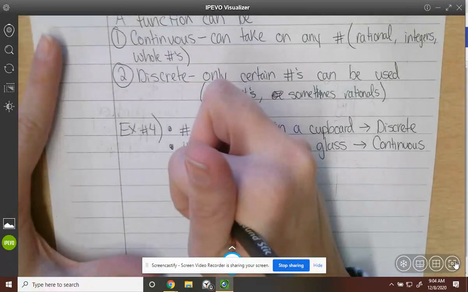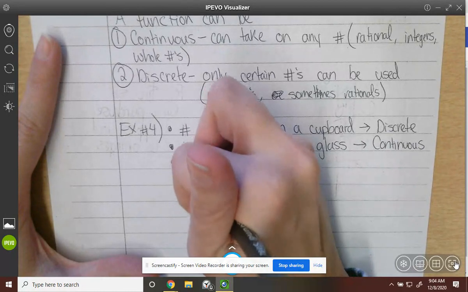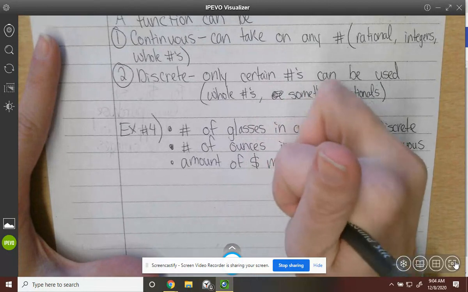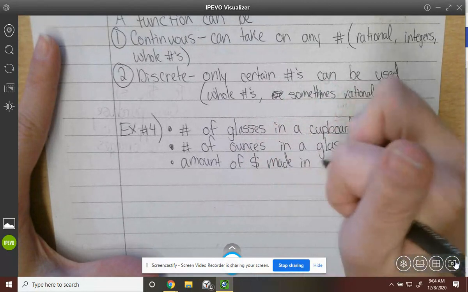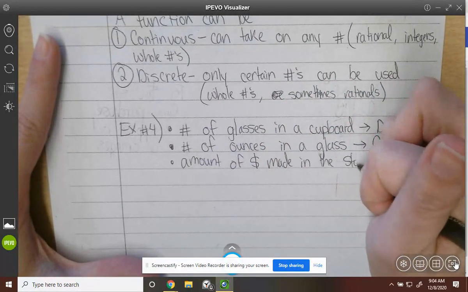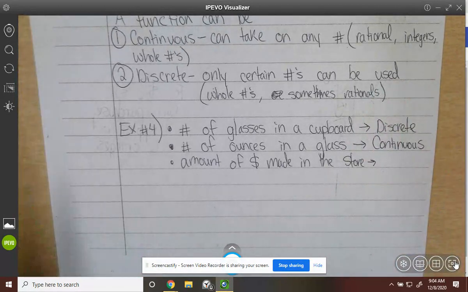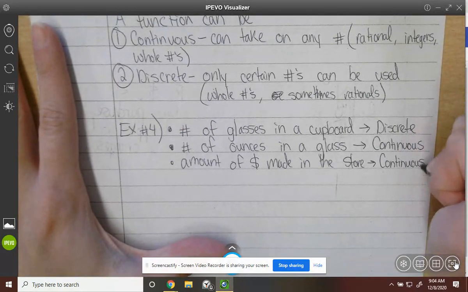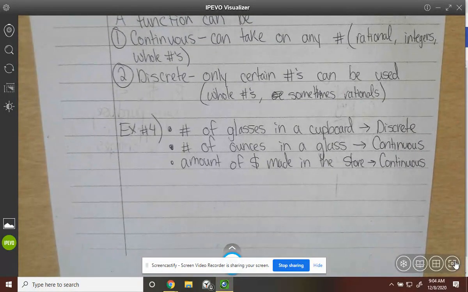Let's do amount of money made in the store. See, the amount of money made in the store, let's just say for a day, that's going to be continuous as well because they had taxes, so that adds decimals to things and things like that.